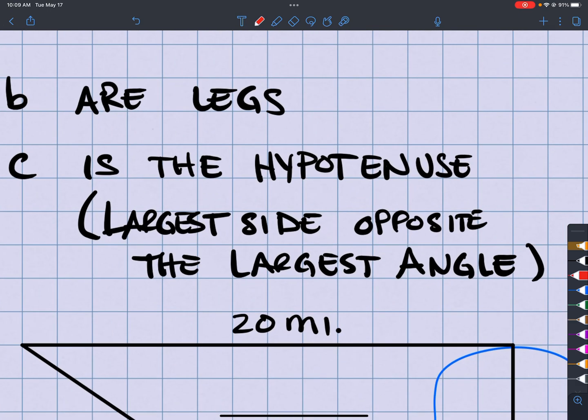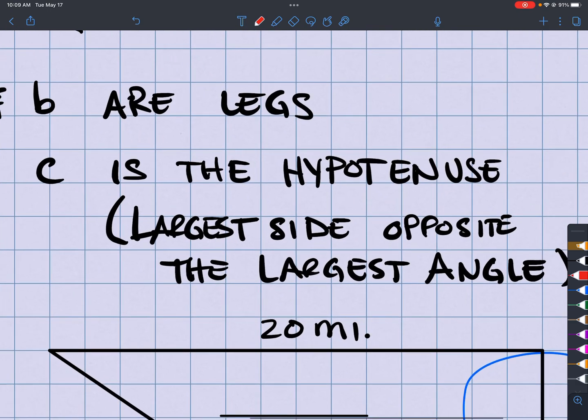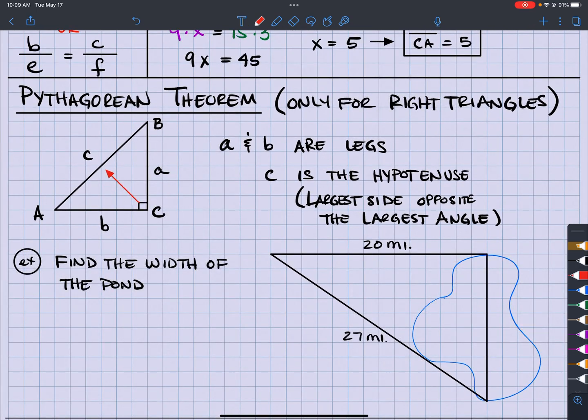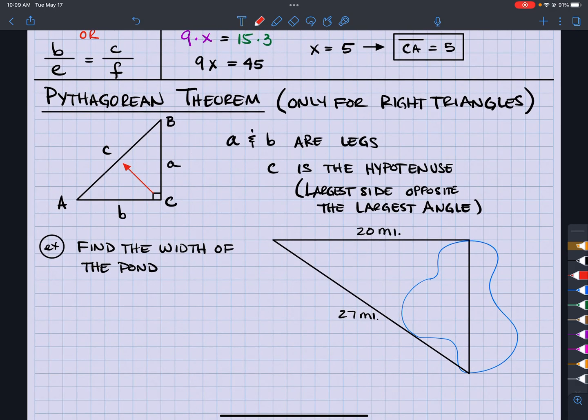In class, I would show you guys how to spell hypotenuse. Some of you guys already know how to. So we'll actually learn how to spell it so that you will never forget it. So again, A and B are legs, C is a hypotenuse, and the formula for that is what?